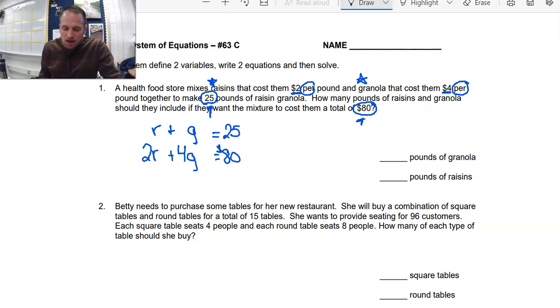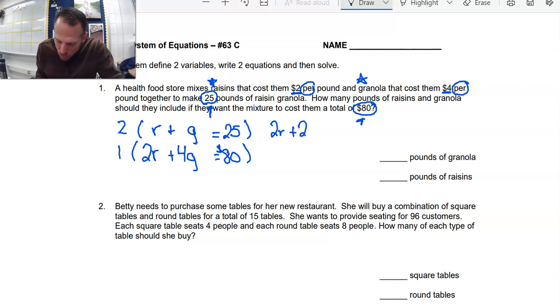Okay, very good. Now let's go ahead and solve this. In order to solve this, we're going to have to multiply the top by the bottom and the bottom by the top. So multiplying the top by the bottom, that's going to be 2R plus 2G equals 50.